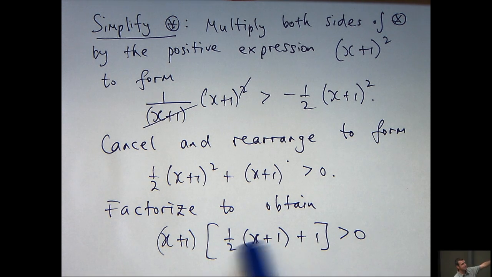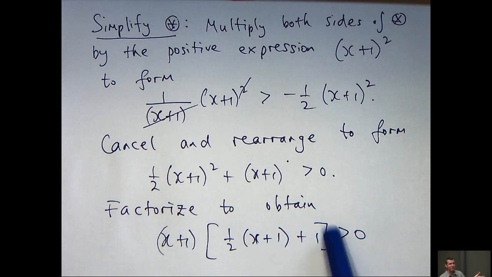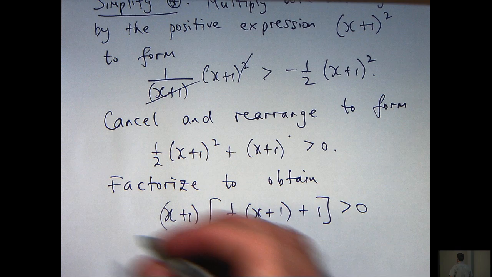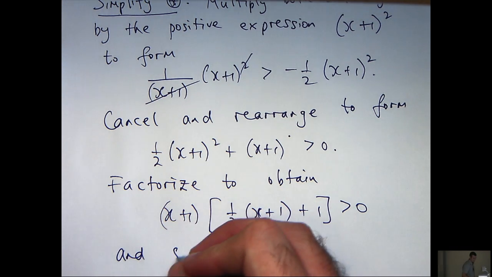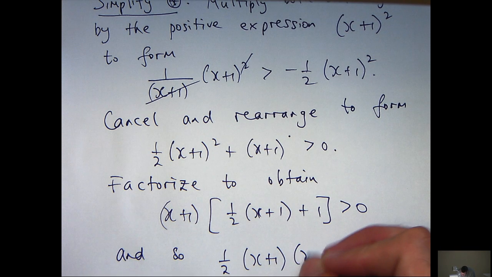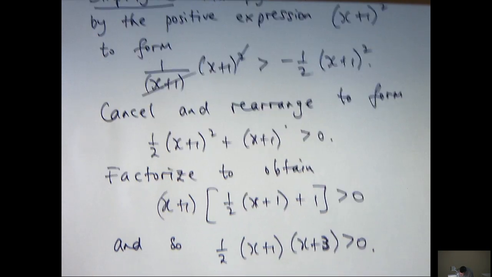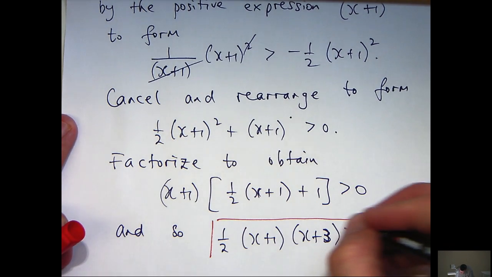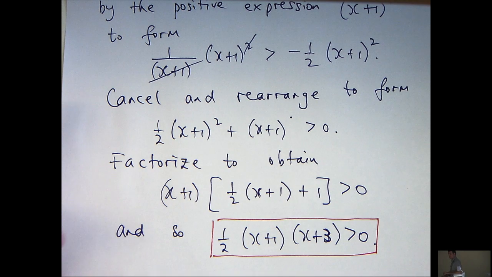Alright, so if I expand this bracket now and simplify, I'm going to get a half x plus 3 on 2 here, and I can take a common factor of half out of that. Okay. So we've now reached the stage where the original difficult inequality is simplified.